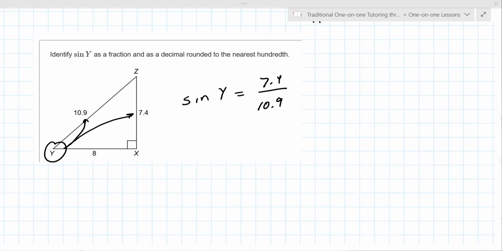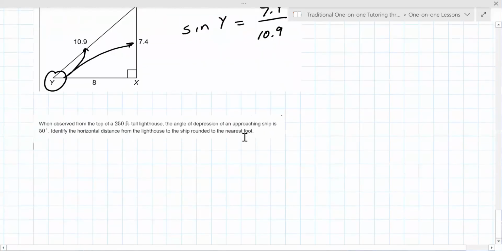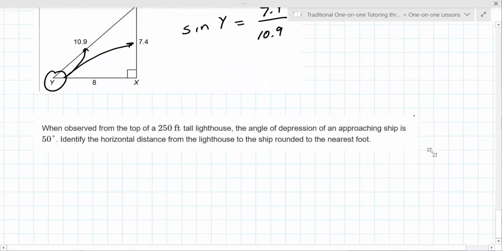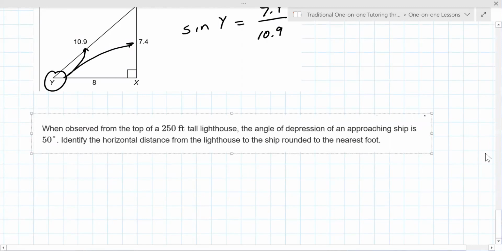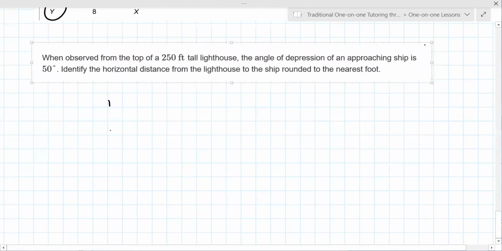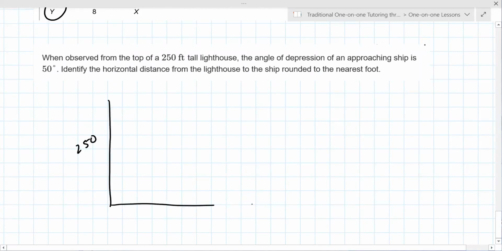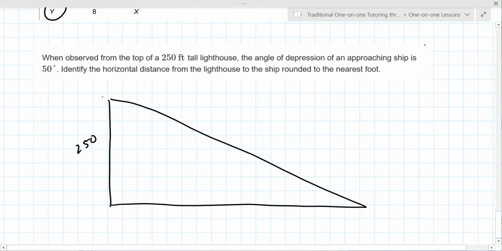Okay, we got a lighthouse problem coming up here. When observed from the top of a 250 foot tall lighthouse, the angle of depression is 50 degrees. Which other angle is that?